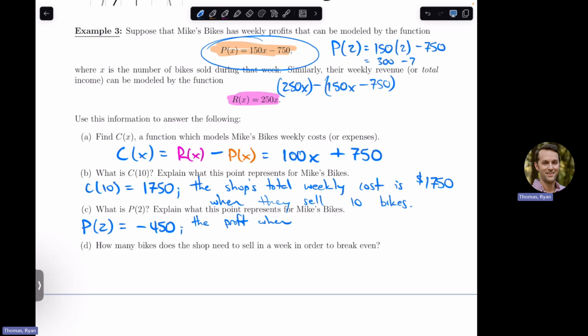So 300 minus 750, which is negative 450. Profit when they sell 2 bikes is negative $450. Again, meaning they're in the red.